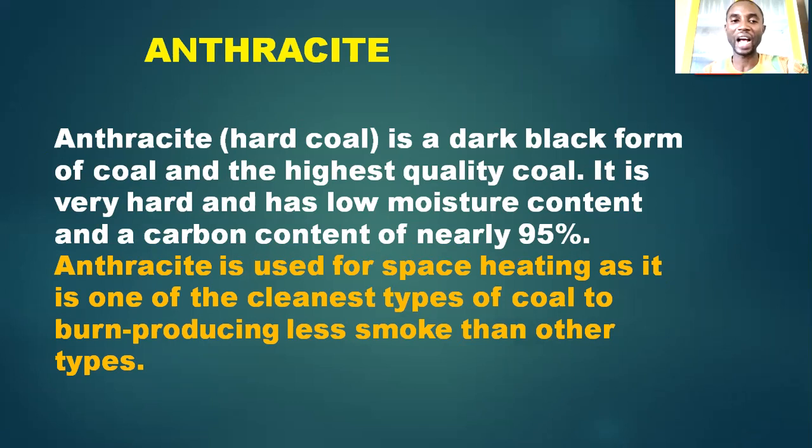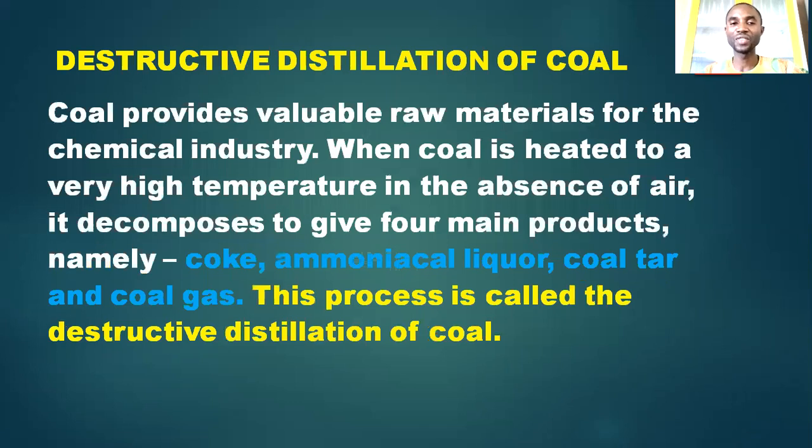Now, the next thing we need to look at is destructive distillation of coal. Coal produces valuable raw materials for the chemical industry through this particular distillation. When coal is heated to a very high temperature in the absence of air, it decomposes to give 4 major products.